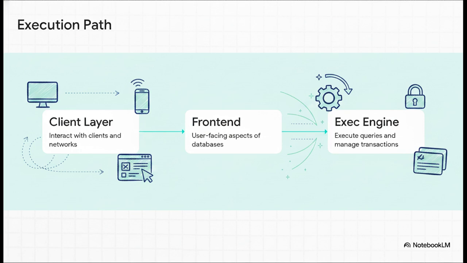Then we move into the front-end components, the user-facing aspects that actually facilitate the connection. And finally, we travel down into step 3, the execution engine and transactions. This is where the magic really happens. It's where the database figures out exactly how to execute your query safely and manage concurrent transactions without corrupting your data. It's just a beautifully logical flow from the user's fingertips right down into the engine room.